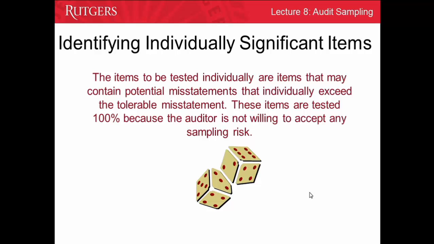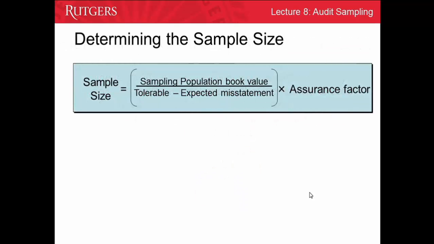These items are tested 100% because the auditor is not willing to accept any sampling risk. Testing all individual significant items produces an emphasis on large items similar to probability proportional to size selection.